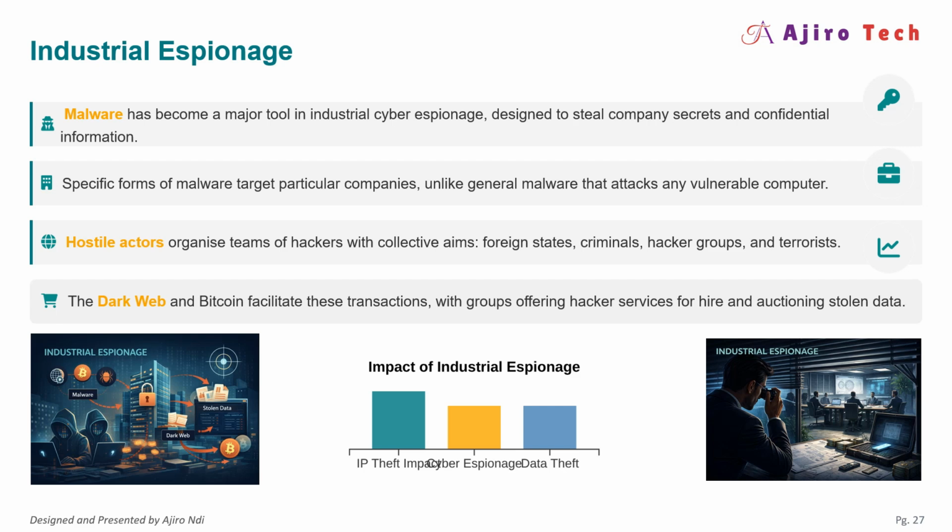Foreign states are usually best placed to conduct the most damaging cyber espionage and computer network attacks. So cyber espionage can be conducted in order to hack into a specific business computer network to steal large amounts of data. Right? It could be intellectual property, projects, research, or an acquisition plan.